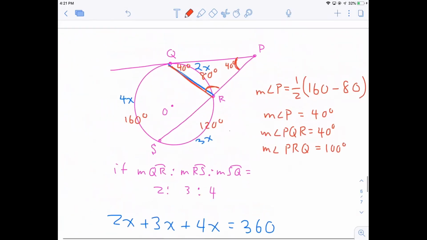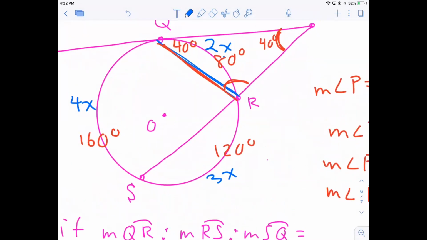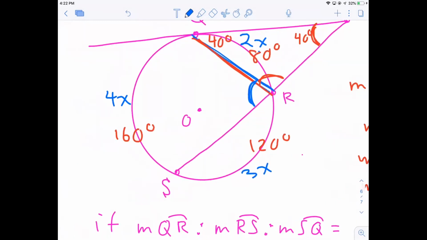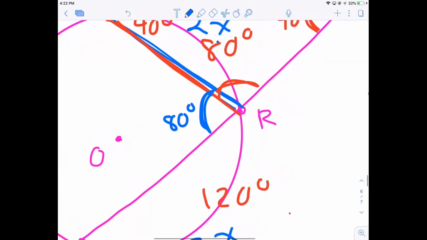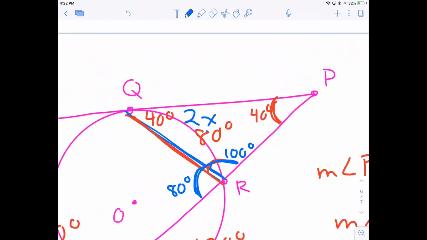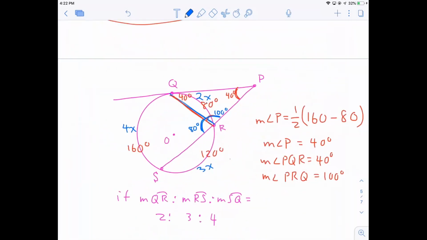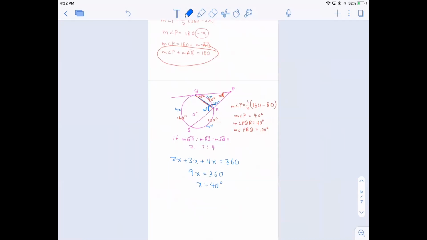An alternate method of getting that 100 degrees is, well, QRS is an inscribed angle, so that's going to be half of 160. That means that's 80 degrees, and these are supplementary. So that's a way to get 100 degrees. Everything checks out, and that's going to be our example of the day.